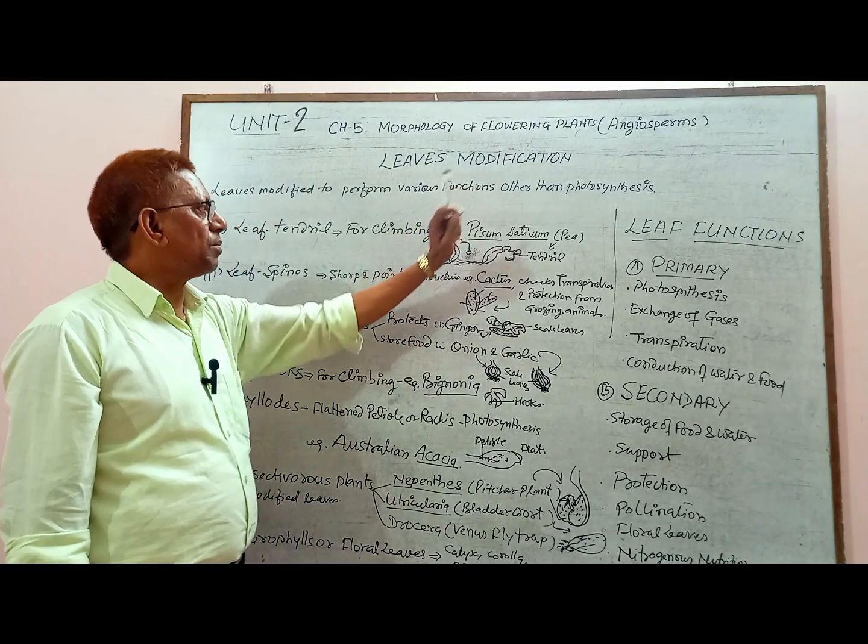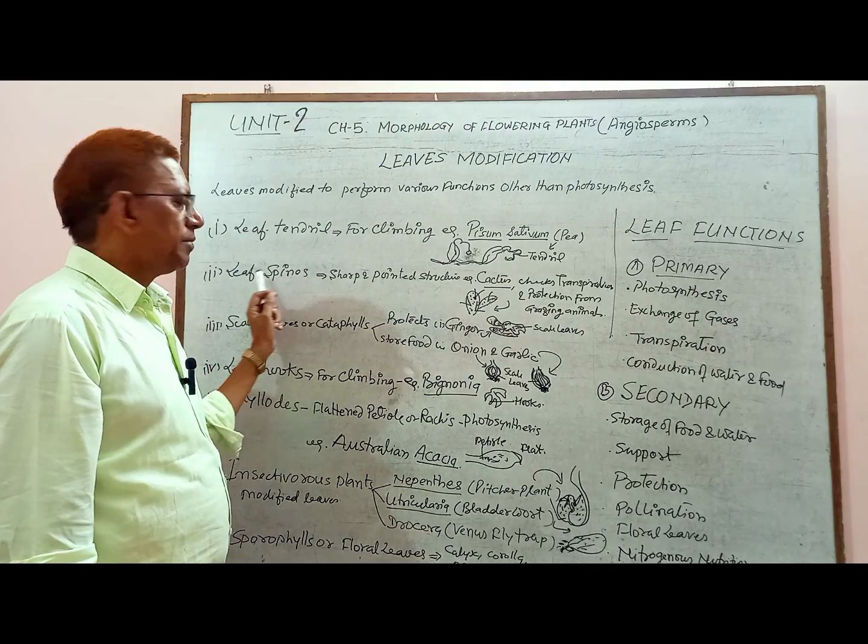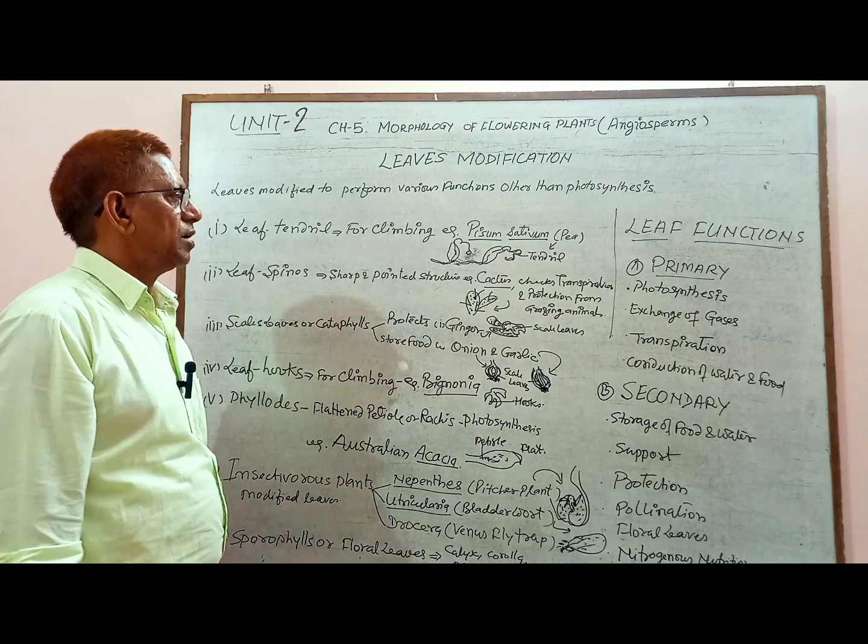So the modification of the leaf is in the form of tendril. So the first category that we have discussed is the leaf tendril.